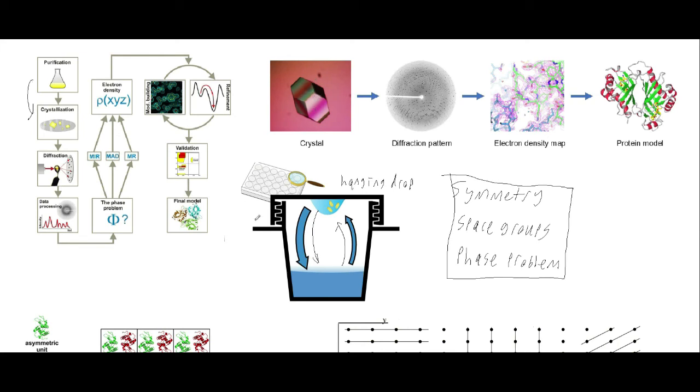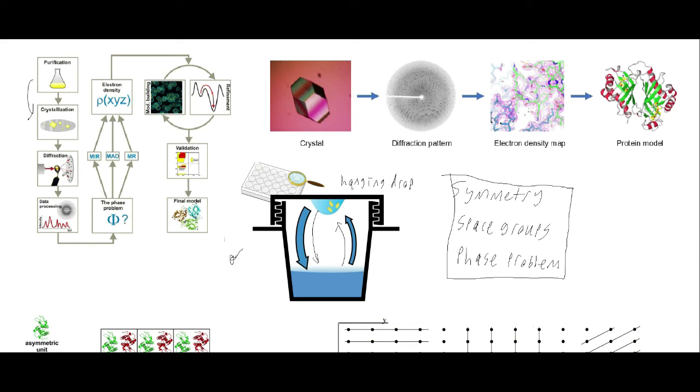Then what you do is you take your crystal and scoop it out of one of these droplets. So you take this cover off, then you use this tiny little loop, and you want to get your crystal into that loop, and then you will place that in your X-ray crystallography instrument.